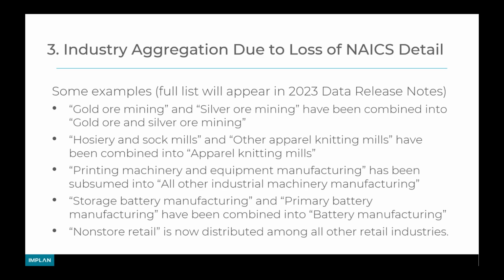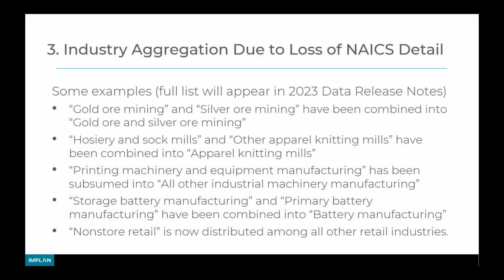A few examples of this from the most recent NAICS scheme release are gold and silver ore mining being condensed into one gold and silver ore mining industry, whereas they used to be separate, as well as hosiery and sock mills and other apparel knitting mills being combined into apparel knitting mills as a single sector.